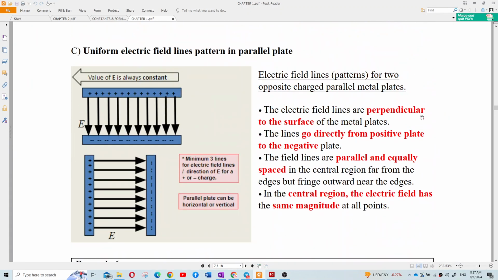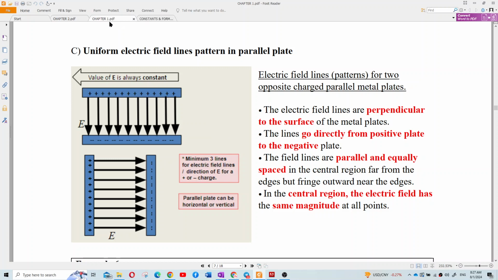This one, you see the parallel plates. In between the parallel plates there is a uniform electric field. You see the electric field lines, they are uniform. All the electric field strength is uniform. So this parallel plate actually is a capacitor.